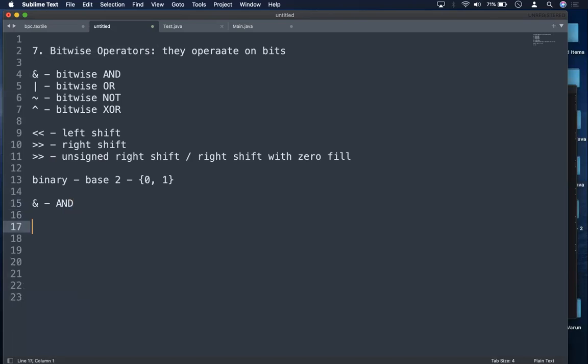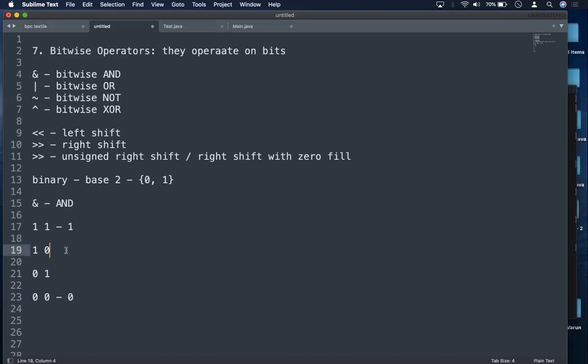So it works on bits, right? Whenever 1 and 1 are given, it will give you the output as 1. And in the rest of the cases, like 1 0, or 0 1, or 0 and 0, it's going to be 0, like false. 0 means false.